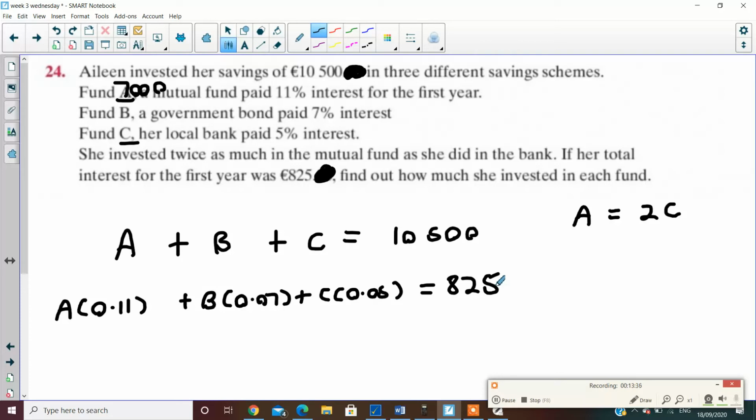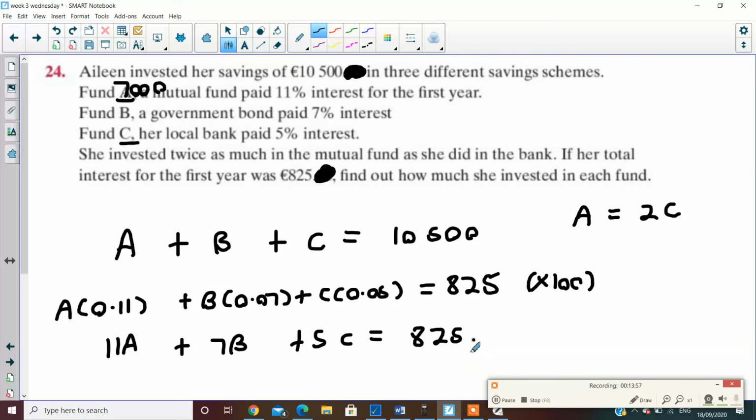Once again, I don't particularly like decimals. So what should I multiply everything by? I'm going to multiply it by 100. 11A plus 7B plus 5C equals 82,500. Is that okay with you guys?